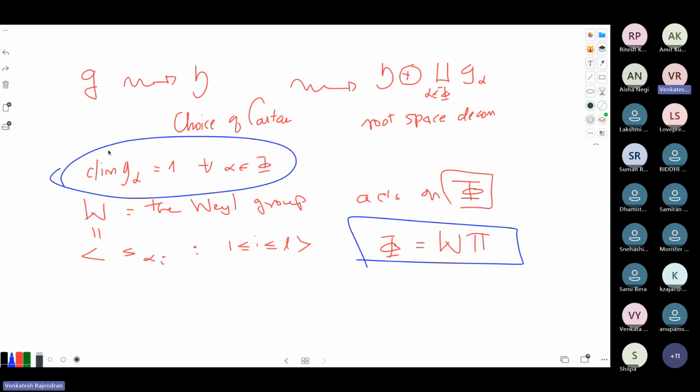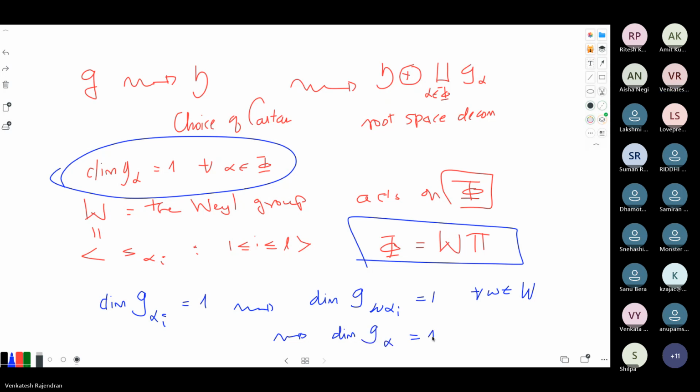Because it's easy to see that the dimension of G alpha i is 1. Then from this, you can see that the dimension of G W alpha i is 1 for all W. And then from this, you can see that the dimension of G alpha is 1.